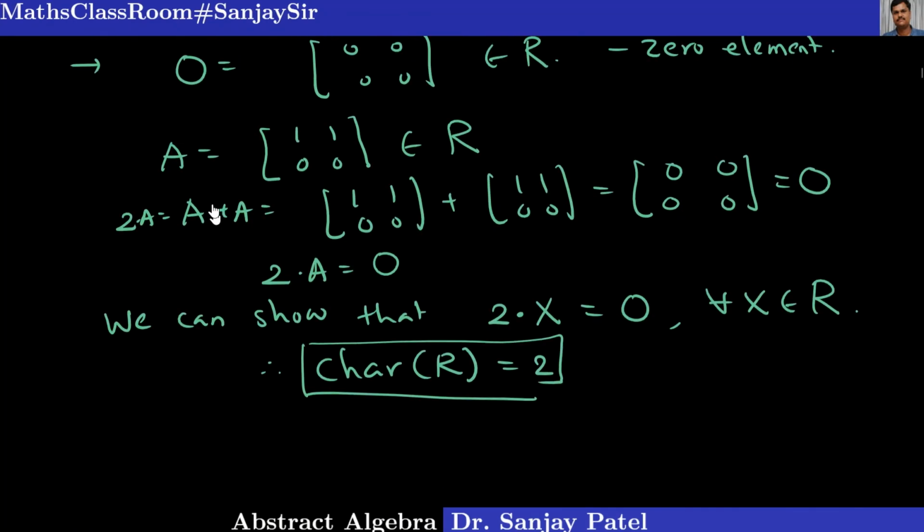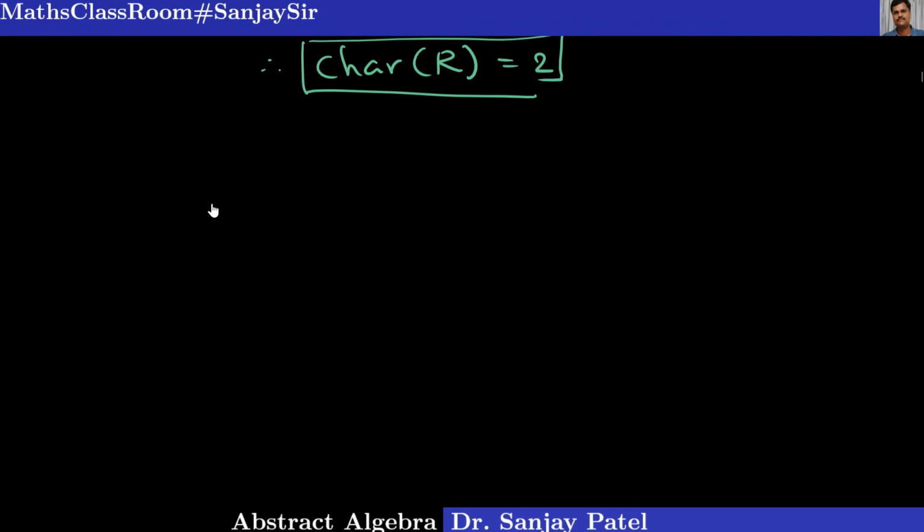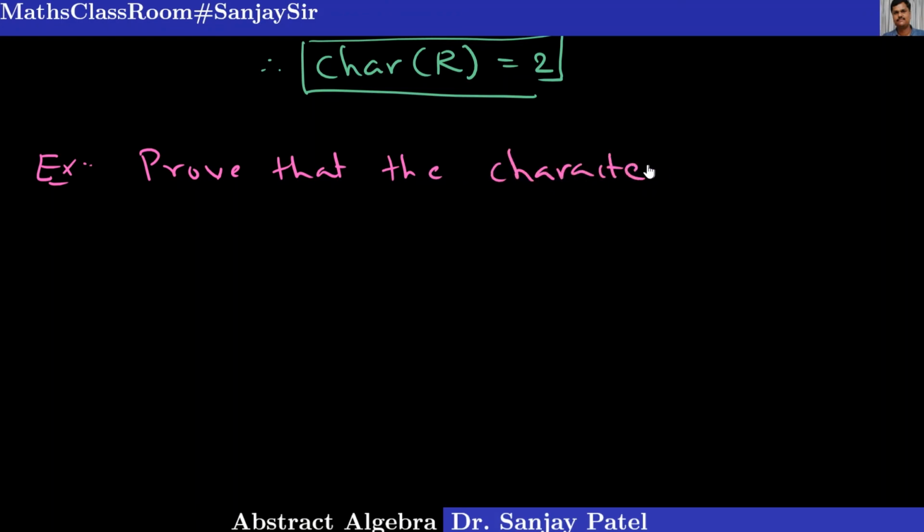One more interesting example before we stop here. Let me mention that problem. If R is a Boolean ring, then prove that the characteristic of a Boolean ring is always 2.